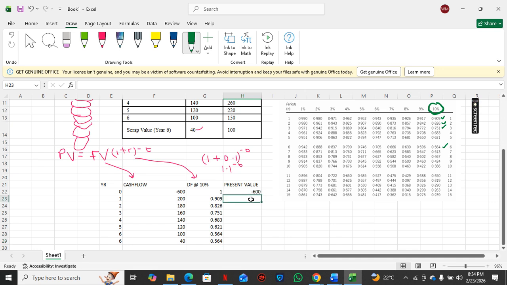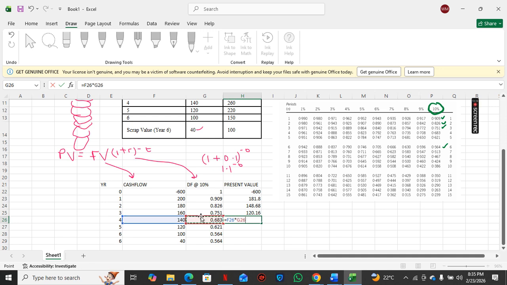Okay, so we start getting the present values. 200 times 0.909, 180 multiplied by 0.826, 160 multiplied by 0.751, 140 multiplied by 0.683.